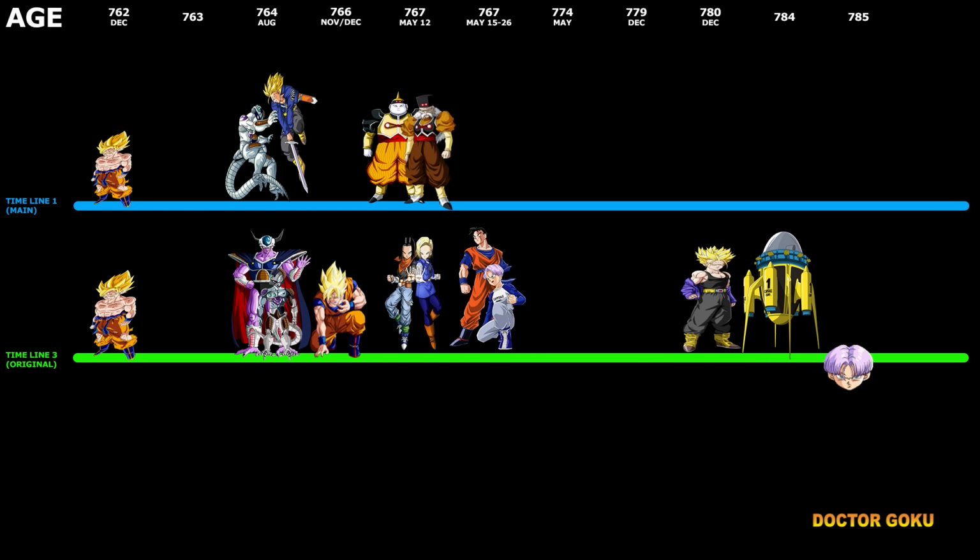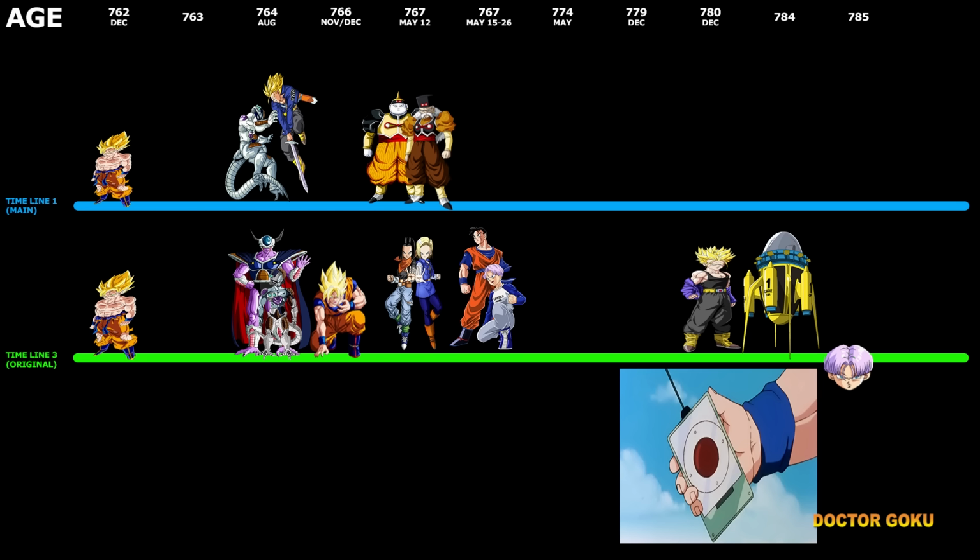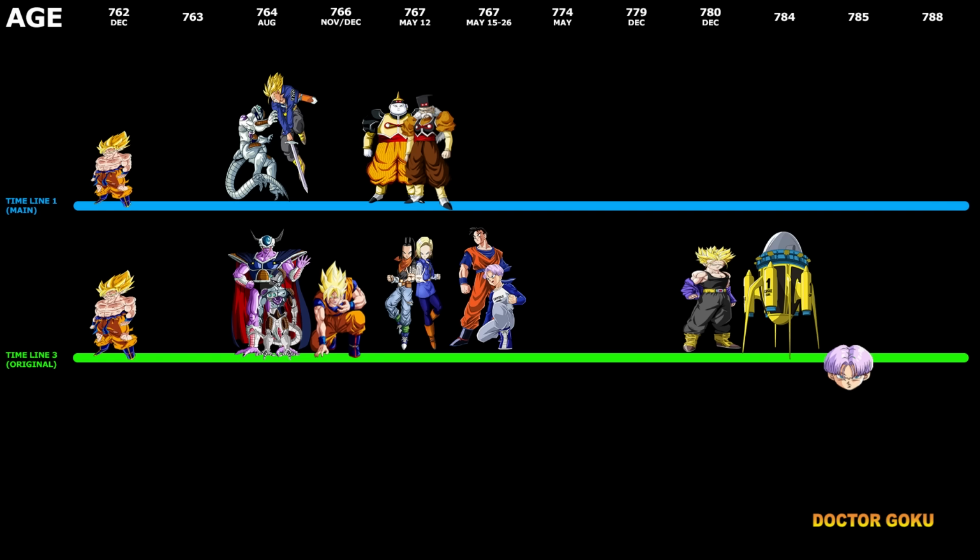Having these blueprints, Trunks now decides to travel back to his timeline to give the blueprints to Bulma. Bulma is able to use the blueprints to create a shutdown controller similar to the one that the past Bulma created for Krillin, and he was going to use on Android 18, but didn't. With the controller, Trunks was able to defeat the androids in age 786.